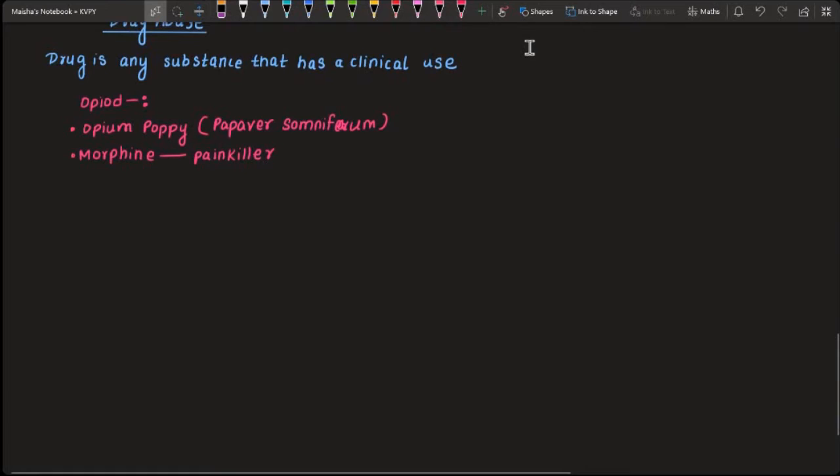So this has a clinical use. But when this morphine is misused to obtain pleasure or any other kind of non-clinical use, it is drug abuse. When morphine is added with an acetyl group, it will form a drug called heroin. So heroin is obtained with the acetylation of morphine.